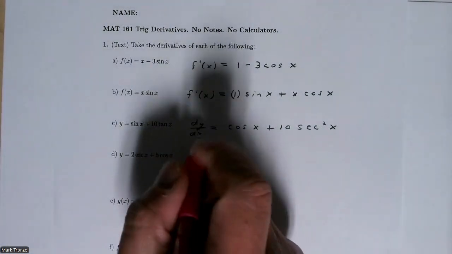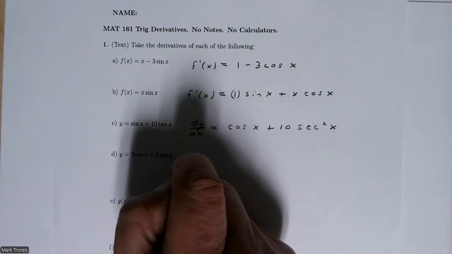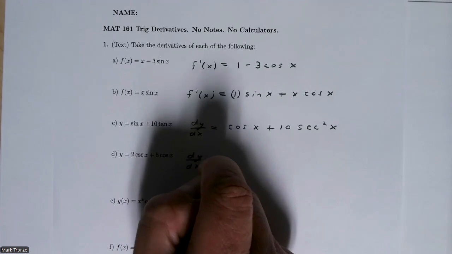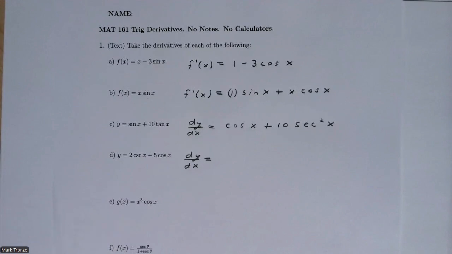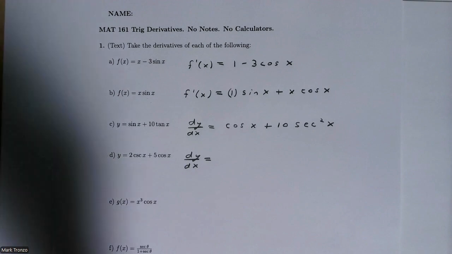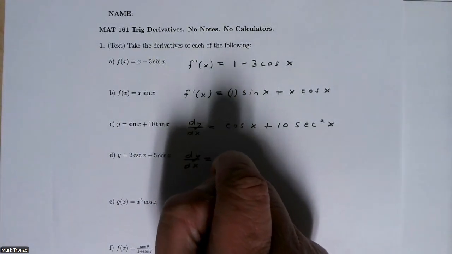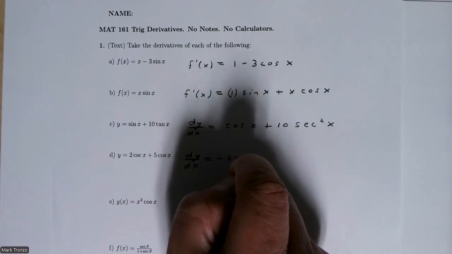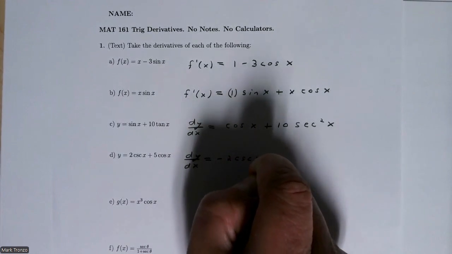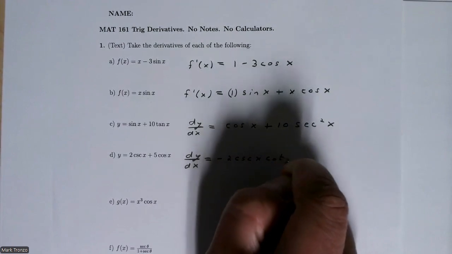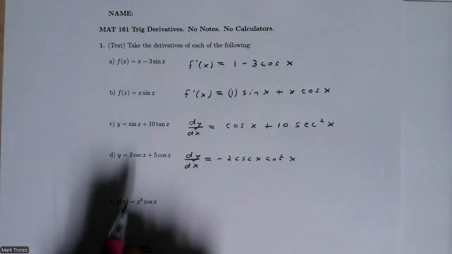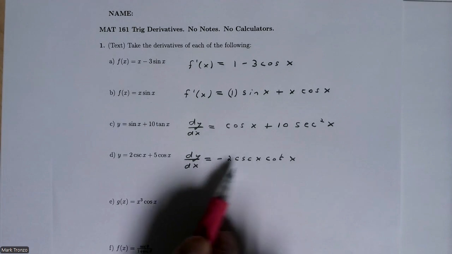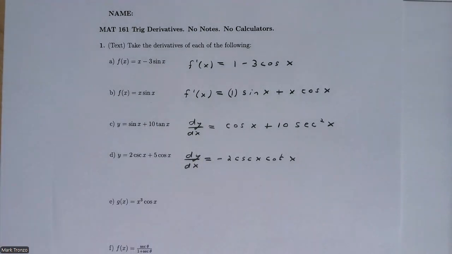Now let's go down to this one. Derivative of cosecant is, remember, negative cosecant times cotangent.